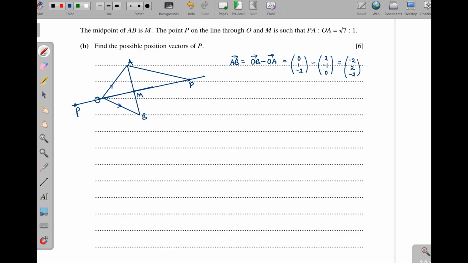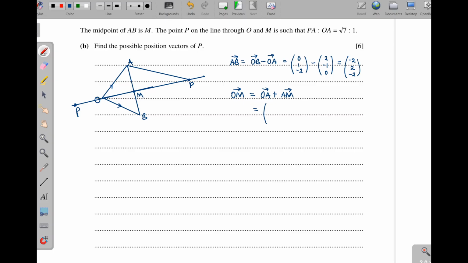Okay. Now, this AM here is a half of this, not so? So I'm going to say OM is going to be equal to OA here, then plus AM.